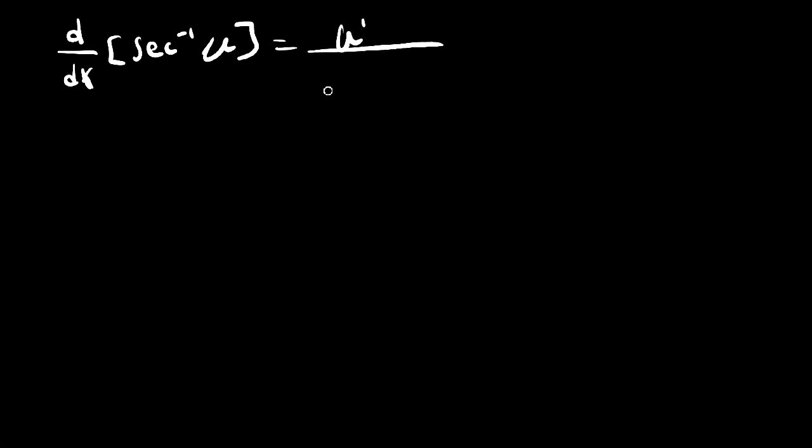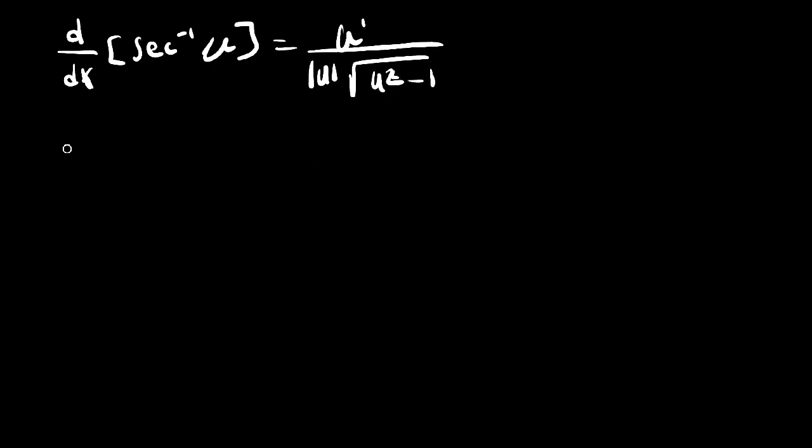So now let's do secant and cosecant. The derivative of secant inverse u, my bad, will be u prime over the absolute value of u, and then we have a square root of u squared minus 1.